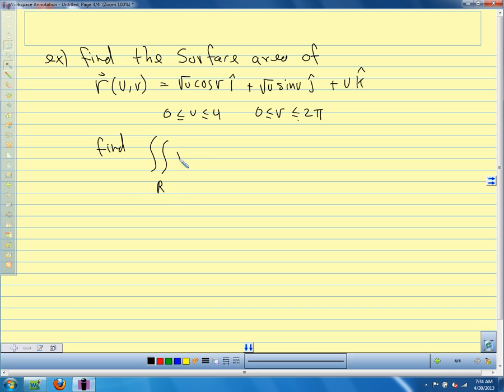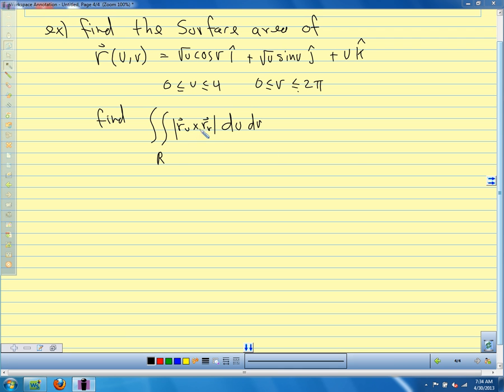We need to find this quantity, the magnitude of r sub u cross r sub v, du dv. So this is our integral that we're going to evaluate. We need to calculate these partial derivatives and form our cross product. So r sub u, what's our partial with respect to u here?